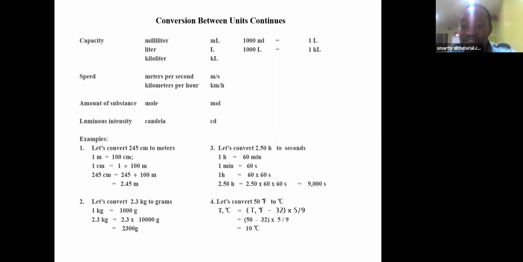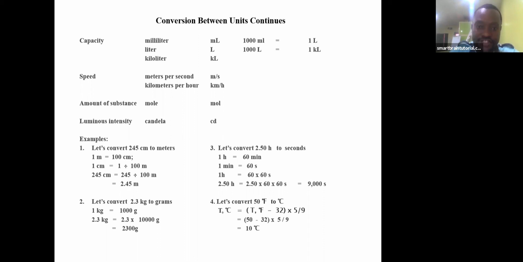In conversion terms, 1,000 milliliters is equal to 1 liter. The liter is abbreviated as L. In conversion terms, 1,000 liters is equal to 1 kiloliter. The kiloliter is the larger unit here, and it is abbreviated as KL.